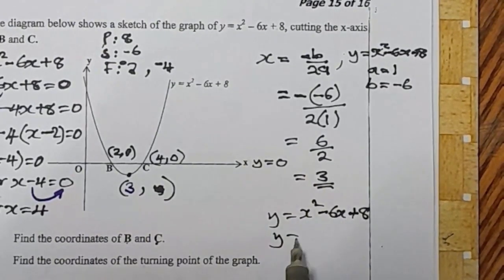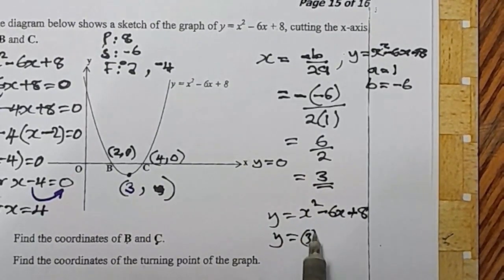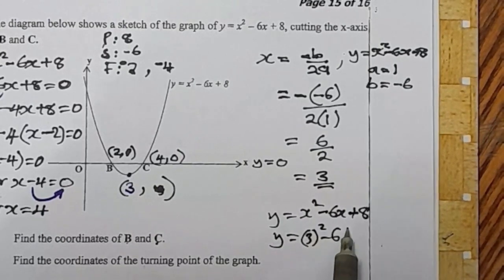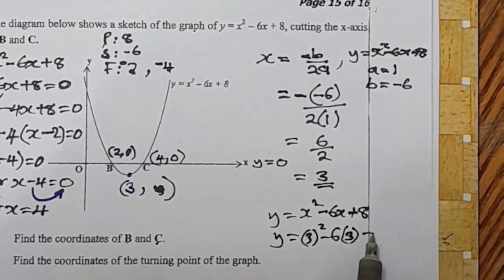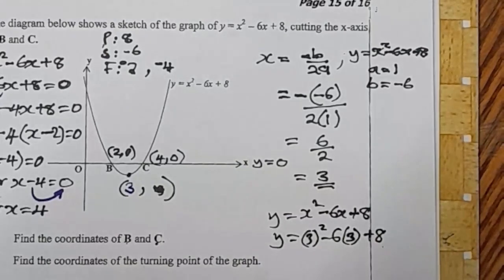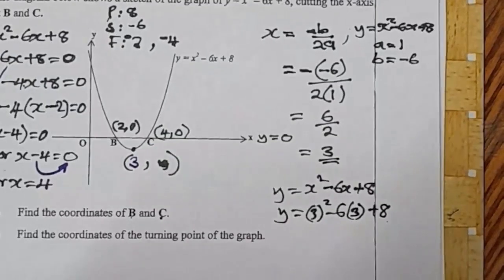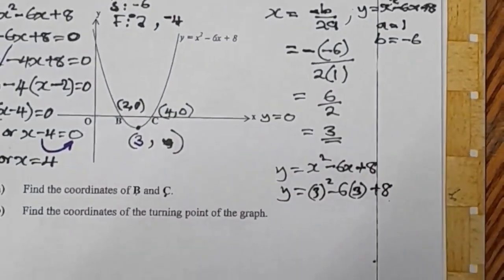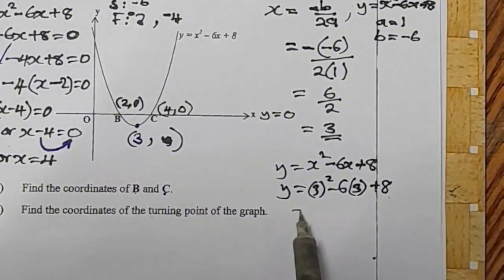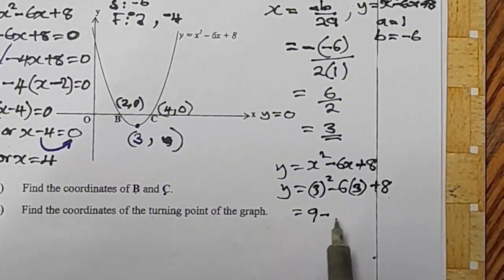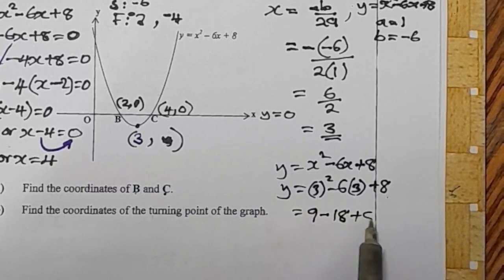So y is equal to 3 squared minus 6 times 3 plus 8. Okay. So you're going to have 9 minus 18 plus 8.